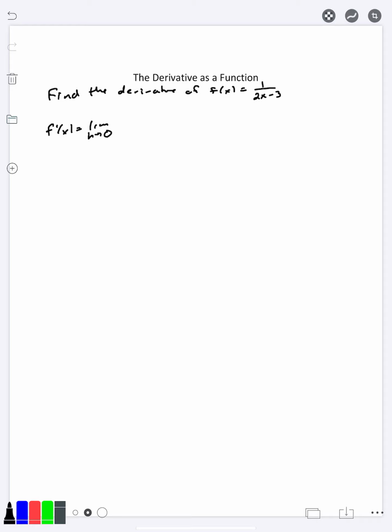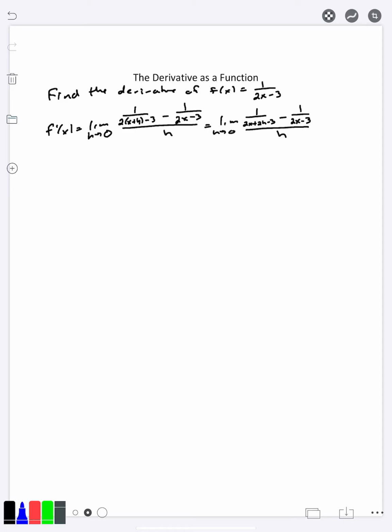So we go ahead and plug in our x plus h here. And then we subtract our original function over h. Now, this is going to be more annoying algebra. First, I'll distribute the 2 there. And then this is what's called a complex fraction, where you have a fraction on top, fraction on the bottom.